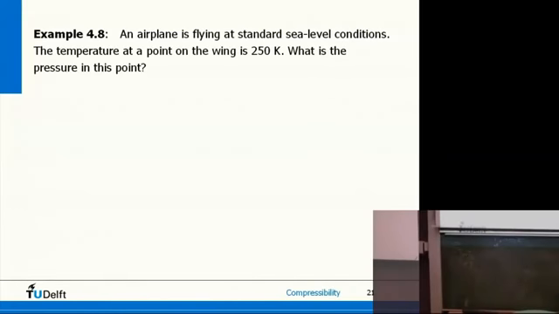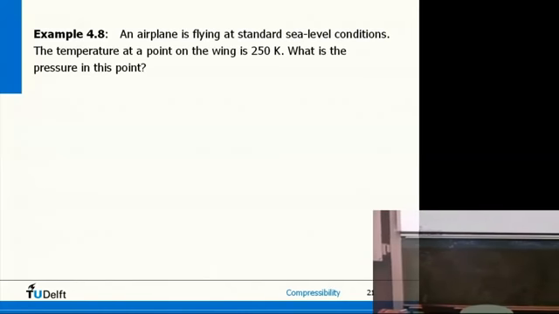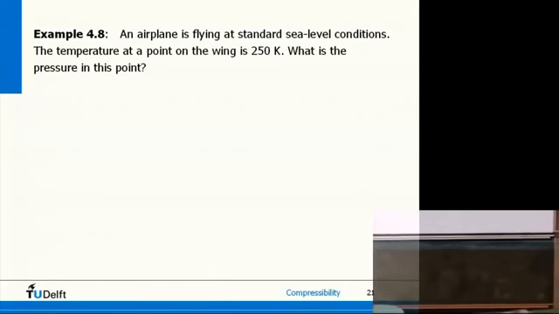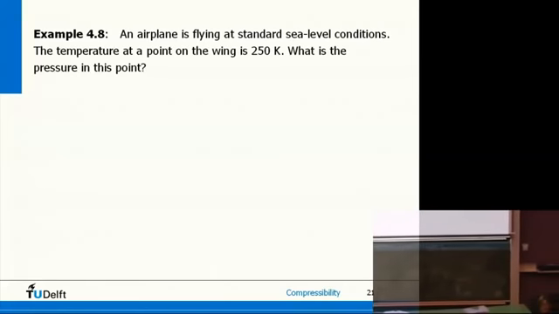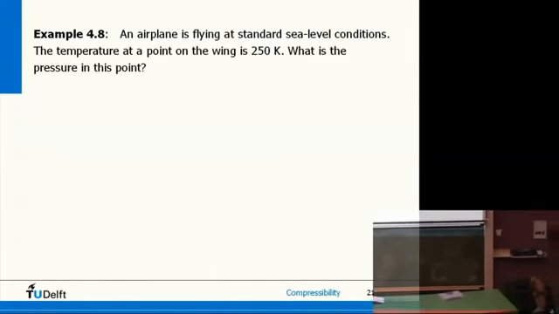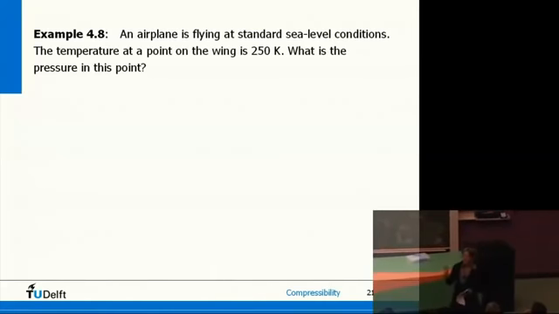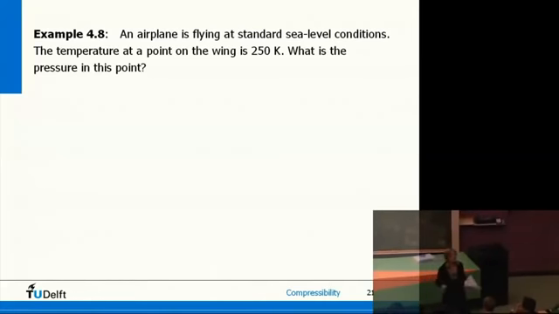Does that make sense? Well, we're not heating or cooling the flow. When an aircraft flies, we can have temperature changes inside the flow, but due to the flow quantities, pressures and densities changing, we don't heat it. We don't have a fire or a cooler. Friction is also negligible because we don't look inside the boundary layer. This point is outside the boundary layer, so we can assume isentropic flow.